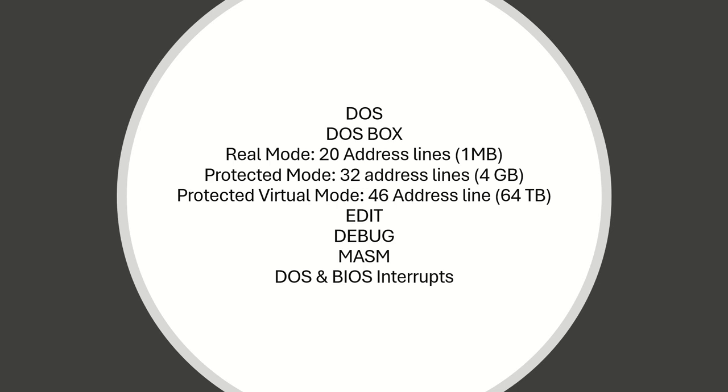However, like I said, the memory management unit has the capacity to address 2 to the power of 46 address lines, that is 64 terabytes of memory it can address, though physically those many pins, those many address lines are not available.